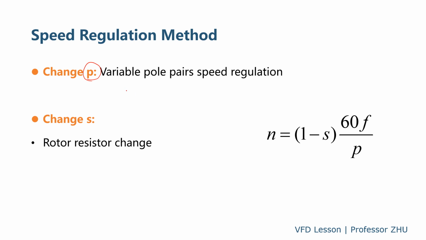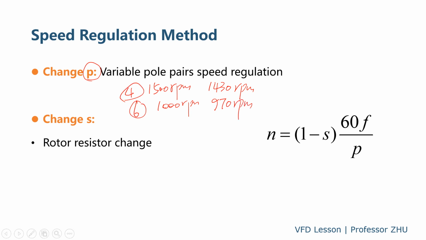For example, for a 4-pole motor, the synchronous speed is 1500 RPM, and the rated speed is normally like 1430. And for a 6-pole motor, 1000 RPM, and maybe the rated speed is 970 RPM. So when you change the poles, the speed changes from this to this, a big step of speed change.